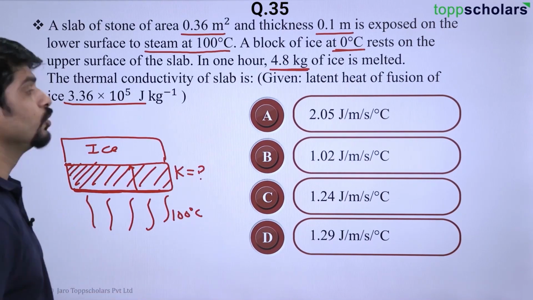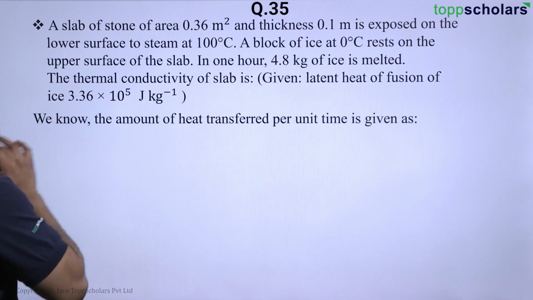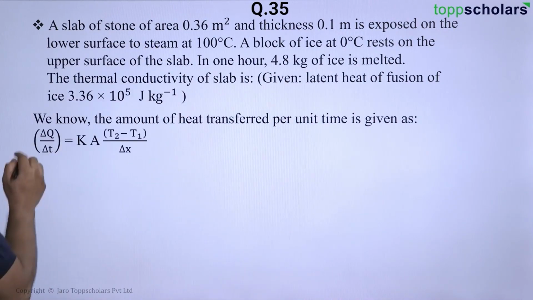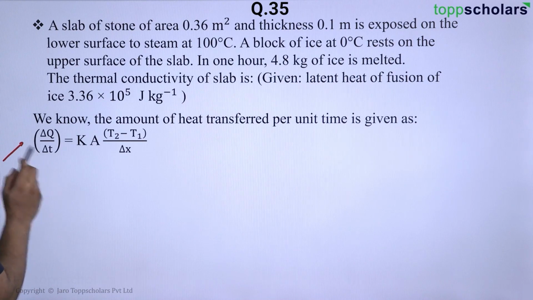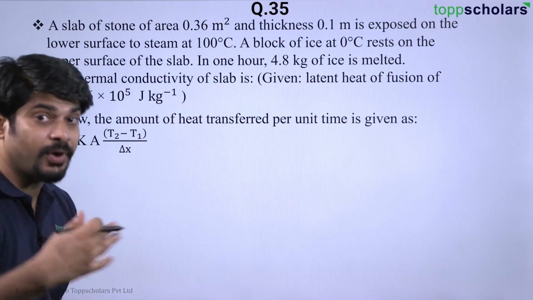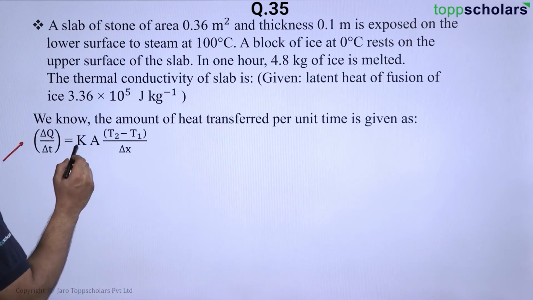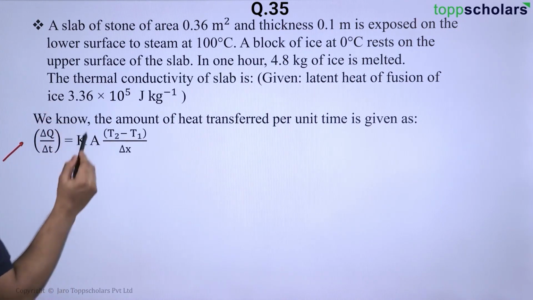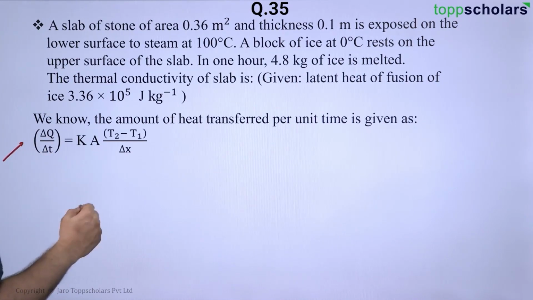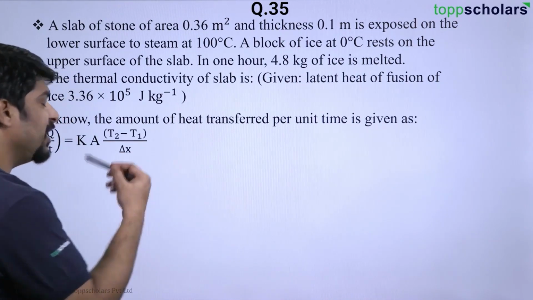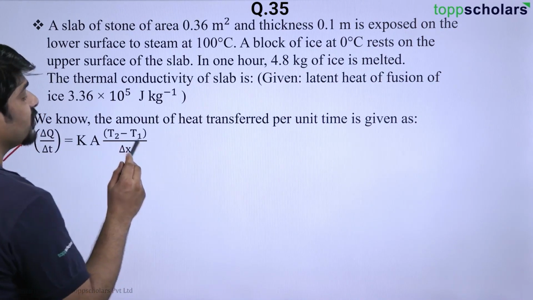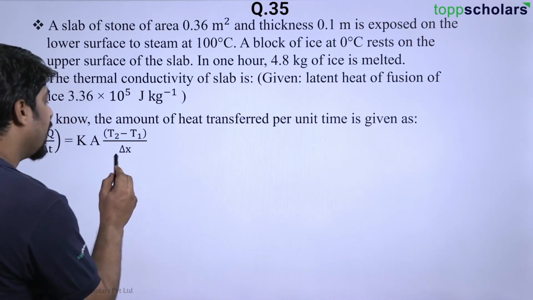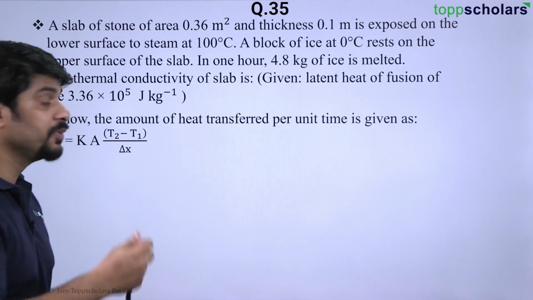Okay, so let's do this. We know the amount of heat transferred per unit time is given by this equation: delta Q upon delta T is equal to KA (T2 minus T1) upon delta X, where K is the thermal conductivity, A is the area of the slab, T2 minus T1 is the temperature difference, and delta X is the distance between the two ends.